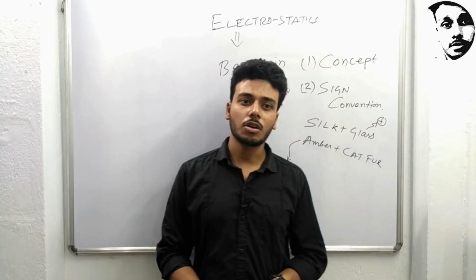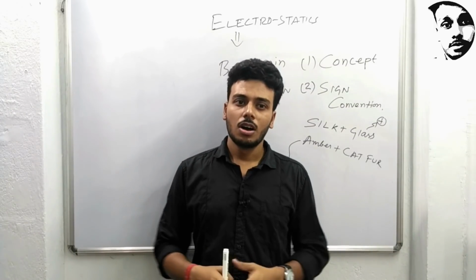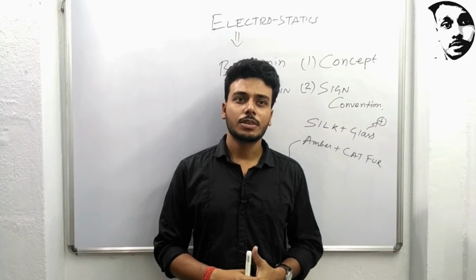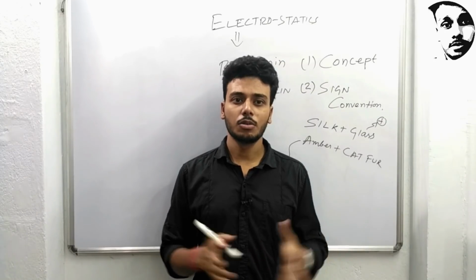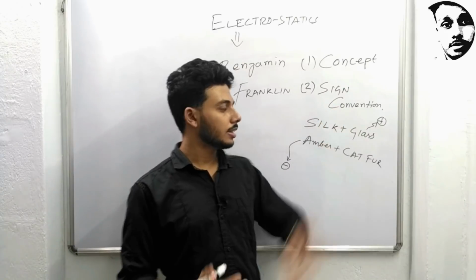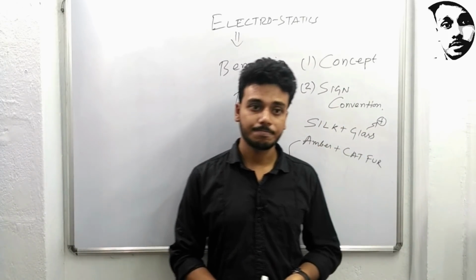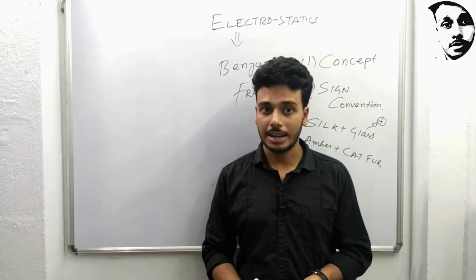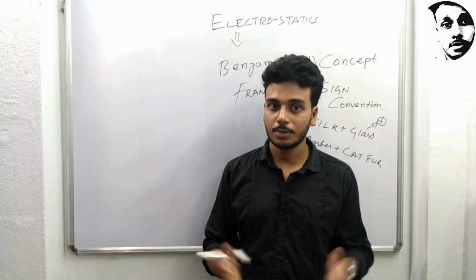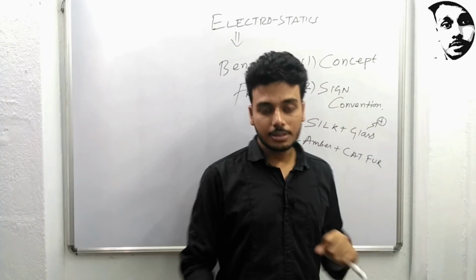Whatever he said was like a God rule for the members of society. That's why people believed his sign notation, because of his dominating character and the respect of society. So the sign convention is done.